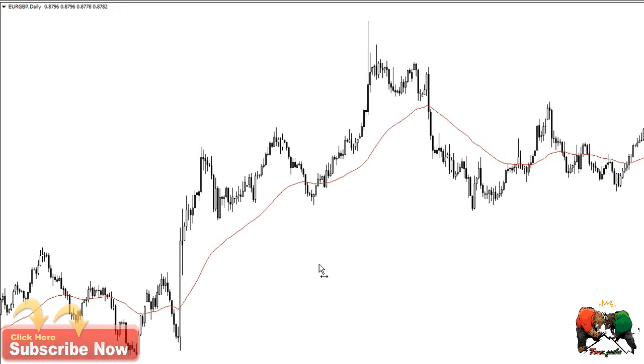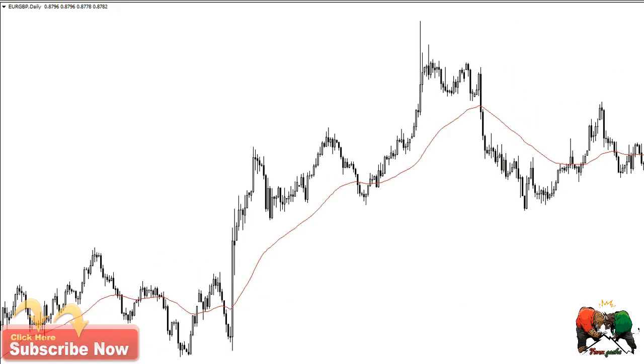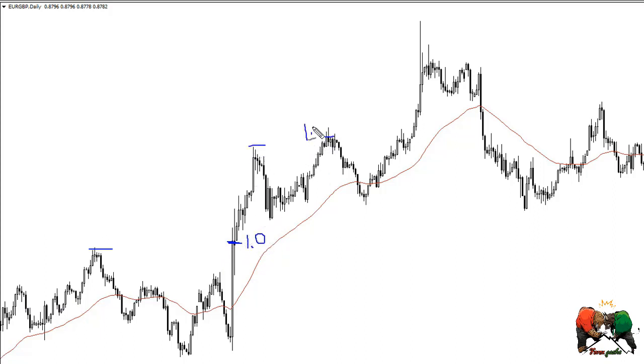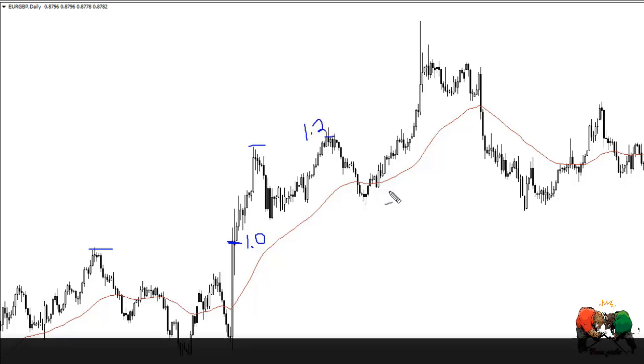And you can see, you can make the same argument here. We had this explosive candle here. It cleared that. The moving average turned right away. And even if you got in at the end of the day, you got 1.0, one full position. There's your high. We pull back. We break above there. Now you're at 1.2. We pull back. It's starting to flatten out.